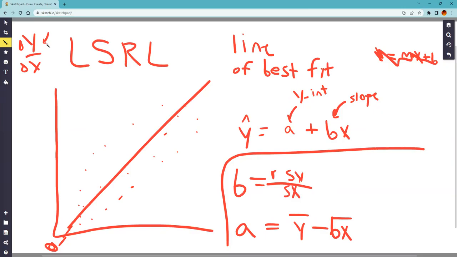That's how we find slope for the LSRL. And then to find a, what we have to do is y bar. What does that mean? That the line over something like that, it means it's the mean. So we have to do the mean of the y values minus b, so you would have to know b first anyways, times the mean of the x values. So not that hard really.